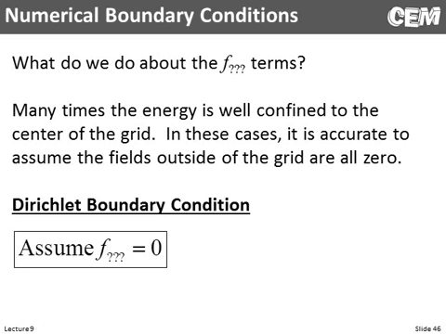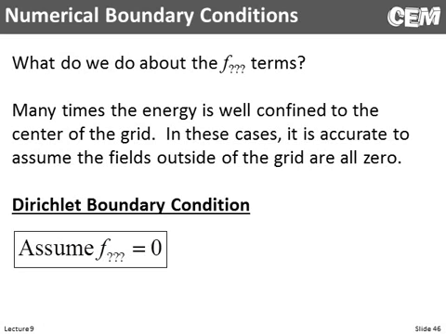Well, what we've done so far would actually be called a Dirichlet boundary condition. We assume that all function values outside the grid are 0. Now, if we do this, we are actually forcing the fields outside the grid to be 0. So if the physical reality of what you're modeling is not the case, this is not a good boundary condition to use.